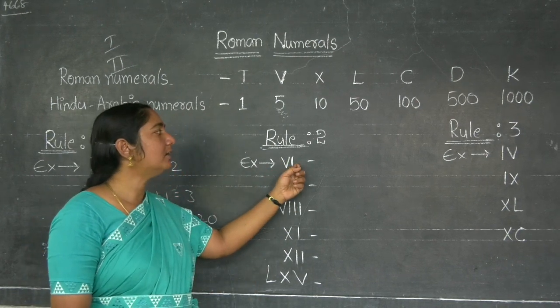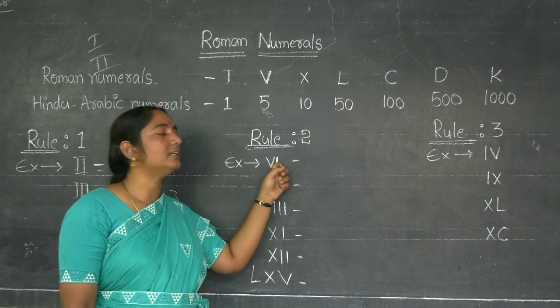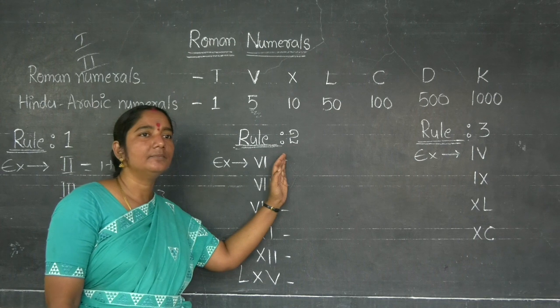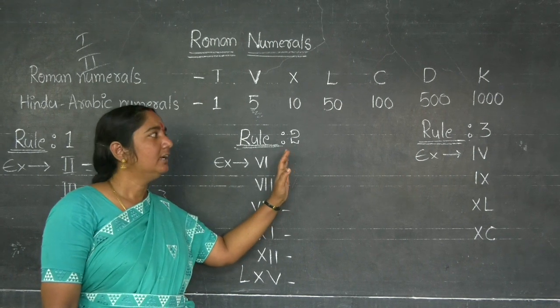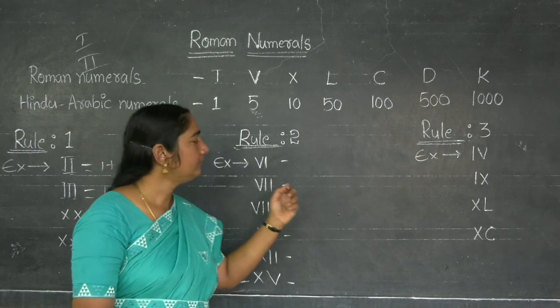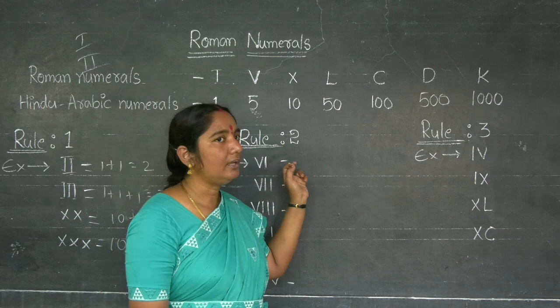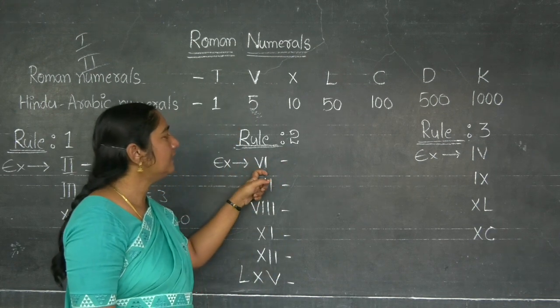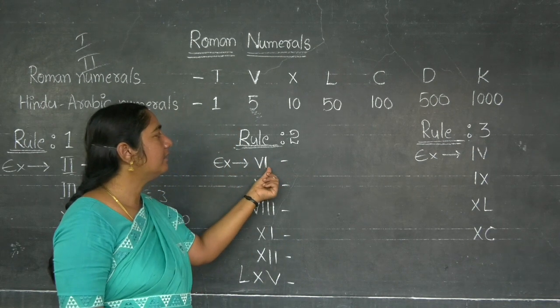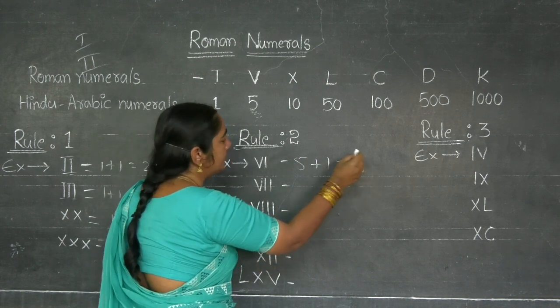Next, second rule. When the Roman number with the smaller value is written to the right side, you have to add. If it is given to the left side, you have to subtract. Now in this particular case, 5 plus 1, that is 6.